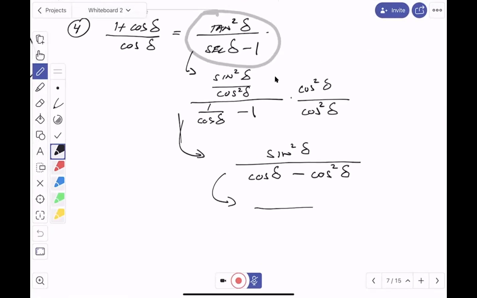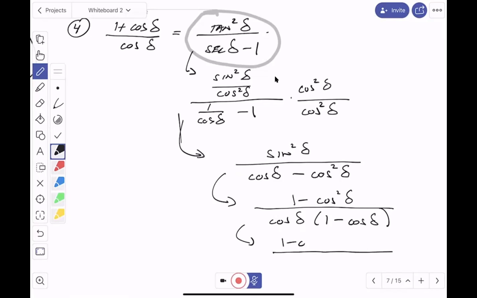I'm going to factor out cosine delta on the bottom, and we're left with 1 minus cosine delta. On top, I recognize sine squared to be 1 minus cosine squared delta. I notice the top is factorable to 1 minus cosine delta times 1 plus cosine delta.